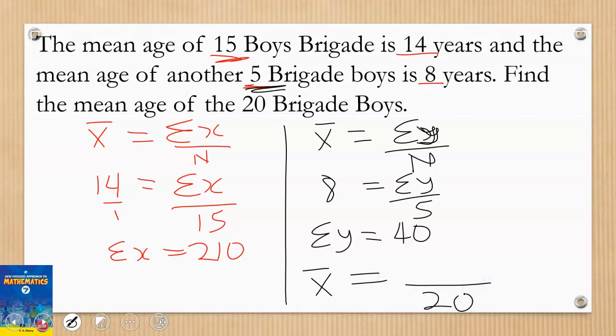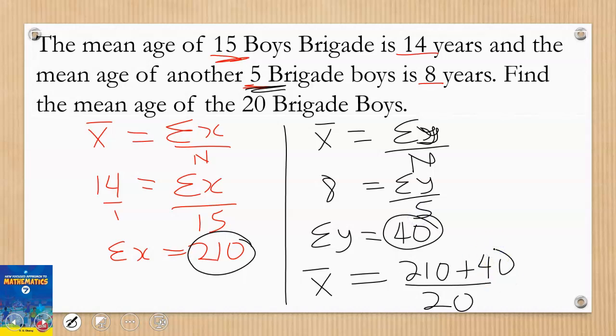Now to find the mean, we know the mean is just adding up all the ages. When I add all the ages together of the 20, the first 15, their total age is 210, and the remaining 5, their total age is 40.